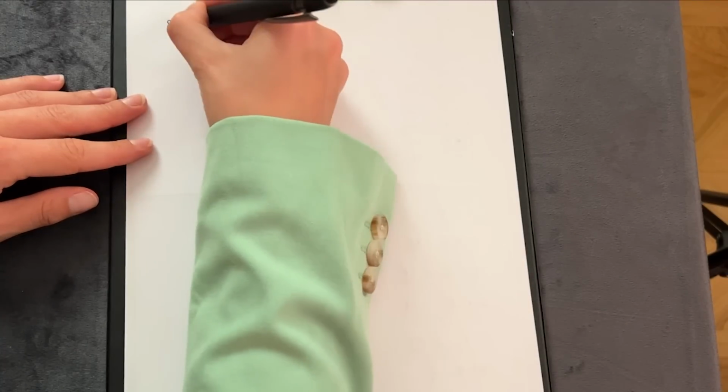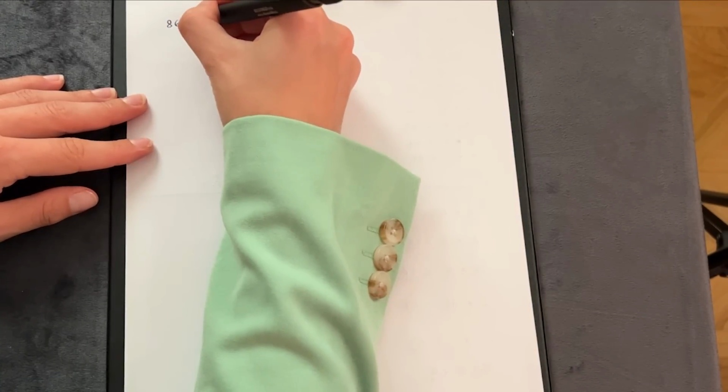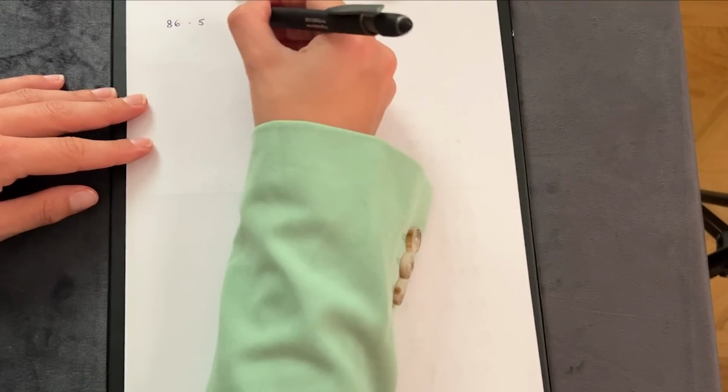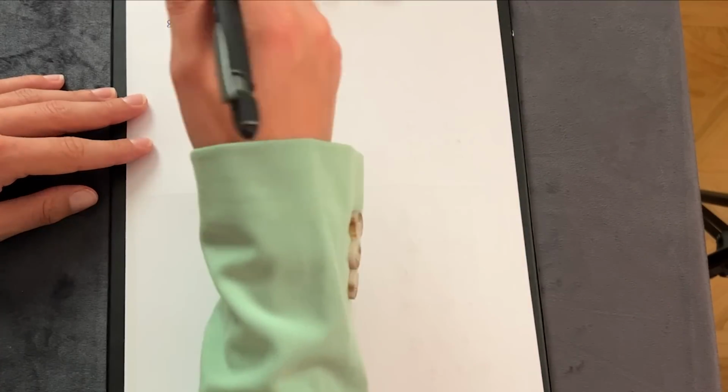So we have this. Now that we have this basic multiplication, we will try something that is a little bit harder, and that is multiplying 2-digit numbers with a 1-digit number. So let's say we have 86 times 5. We will write it a little bit differently.